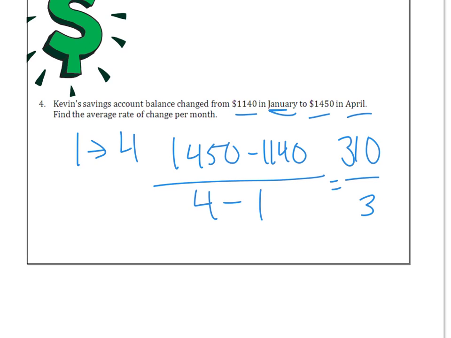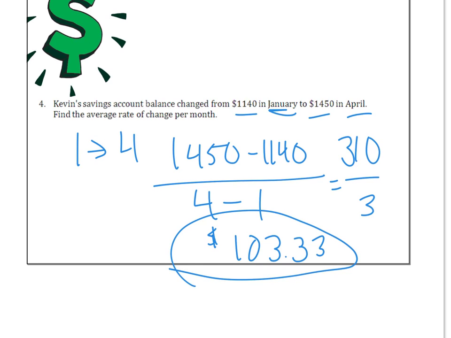So a little division, and I get that to be about $103.33. So that's going to be what my average rate of change per month is. He's putting away a little over $100 each month.